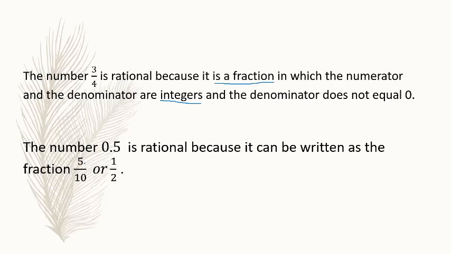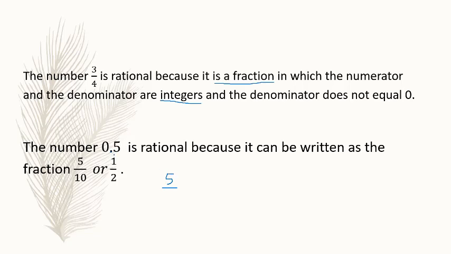5/10. You remember, whenever you have a decimal number like 0.5, if you want to represent it as a fraction, you take the digit after the decimal point as the numerator.